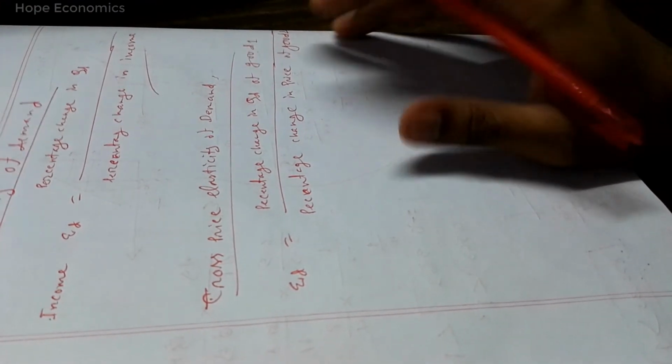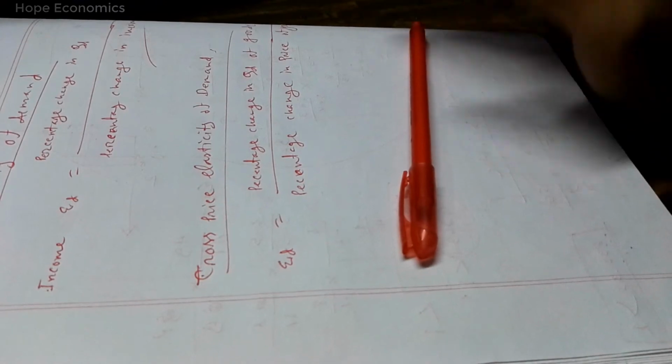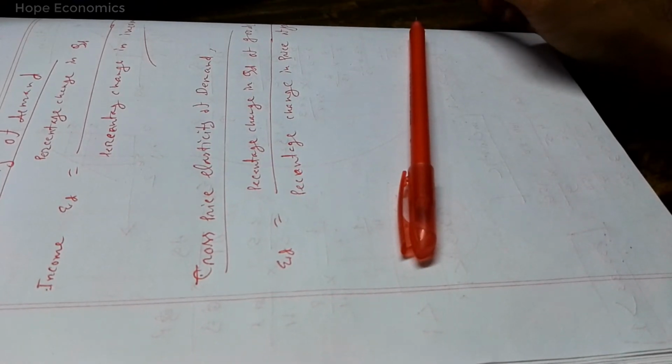So this is what our cross price elasticity of demand is, and this is how it is expressed.